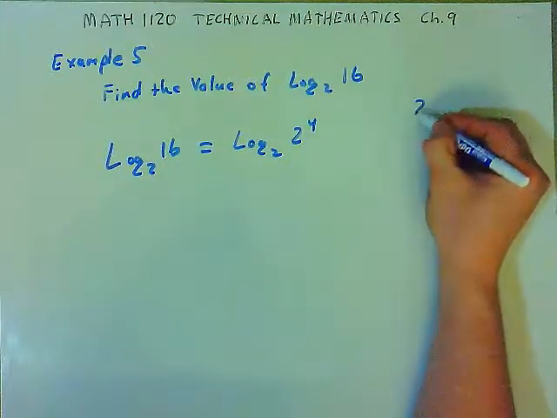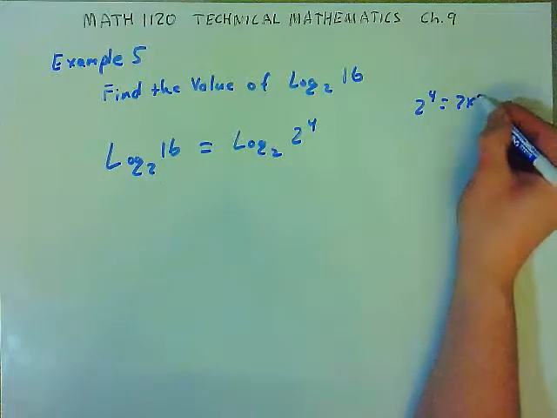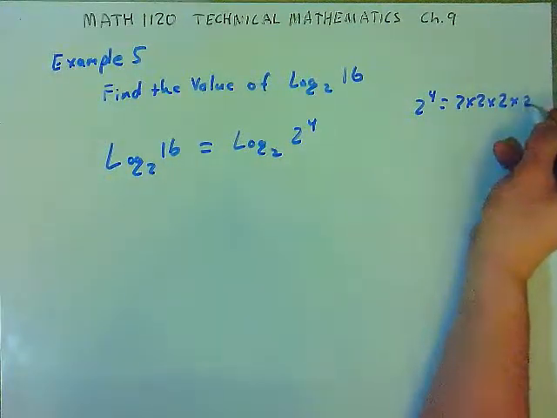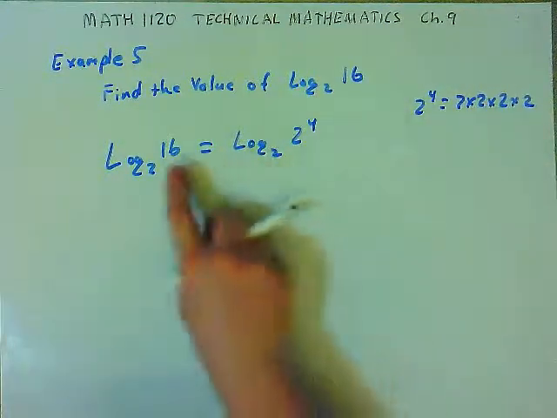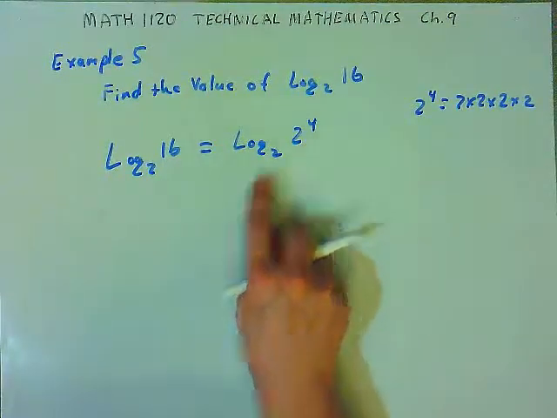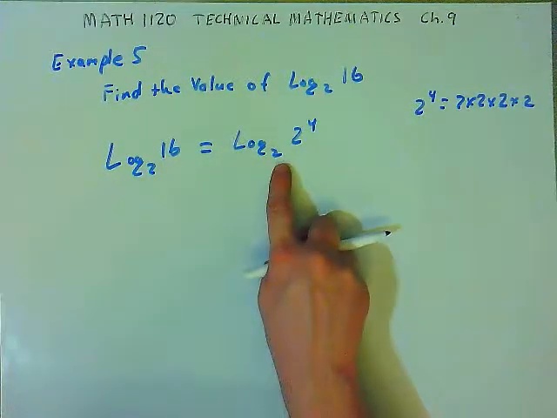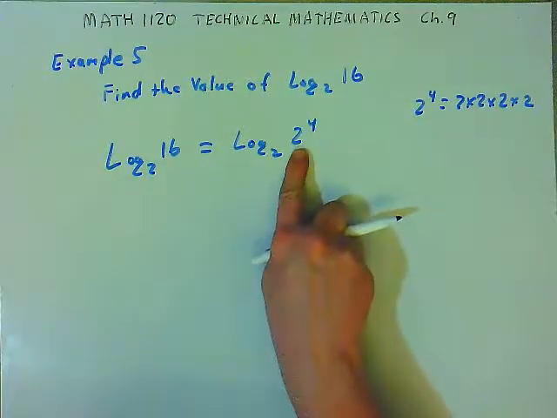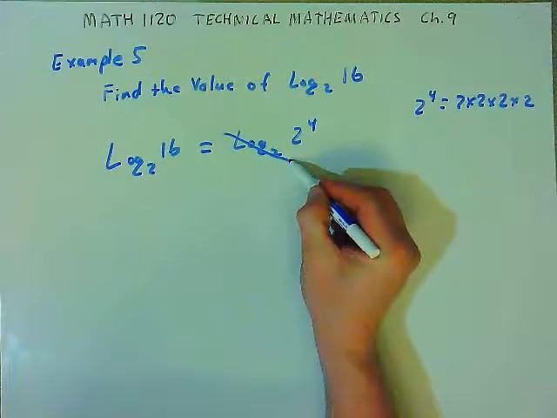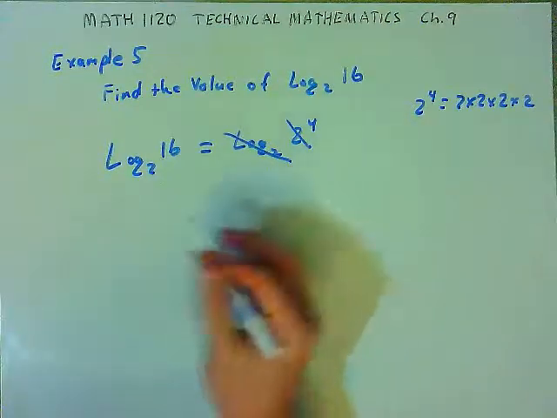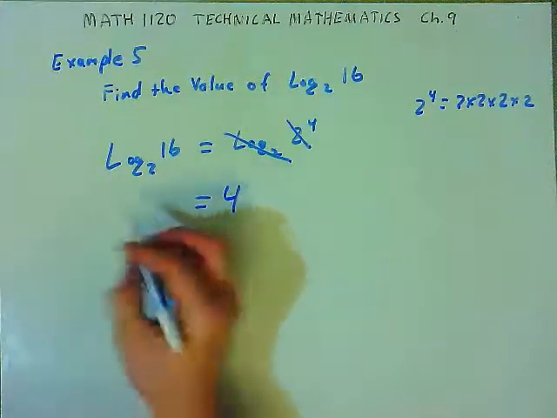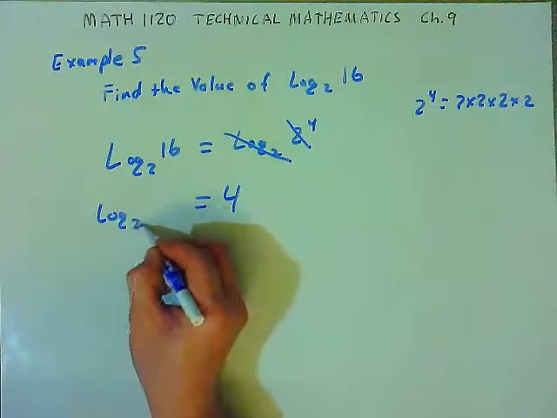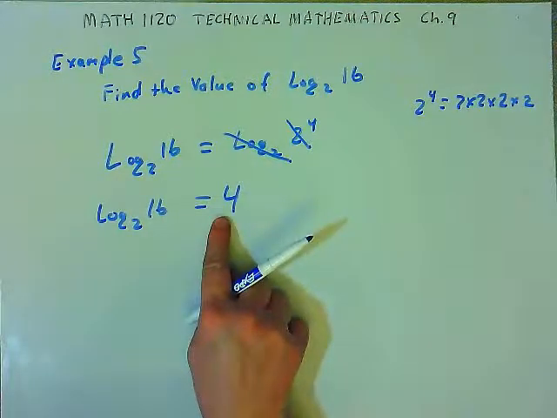And I think you'll agree that 2 to the 4th is 2 times 2 times 2 times 2, which is in fact 16. And since we're taking the logarithm of base 2, and the base of the argument of the logarithm is also 2, the logarithm base 2 and the base of 2 cancel, and we're going to be left with 4. And so the log base 2 of 16 is equal to 4.